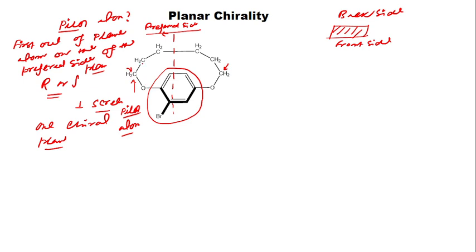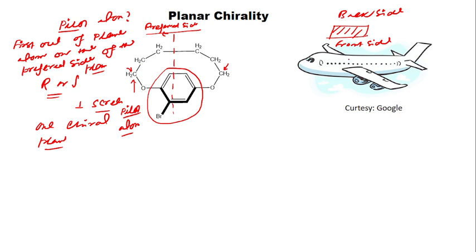And why is it called the pilot atom? Look here. Normally the pilot sits here, and the plane is moving on this side. So the pilot is here, quite above the molecular plane.